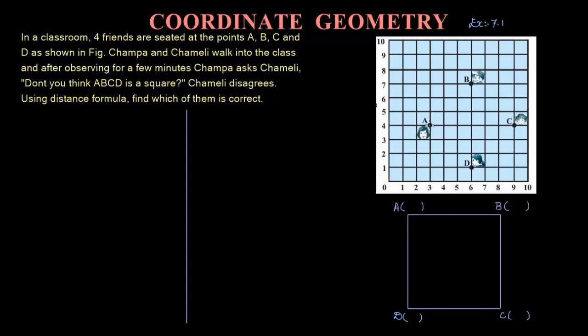So we need to find this point with respect to the x-axis. With respect to the x-axis, you can observe it is at 3. So let me write here 3. And with respect to the y-axis, this point is at 4. Then if I go to point B, with respect to the x-axis it is at 6, and with respect to the y-axis it is 7.